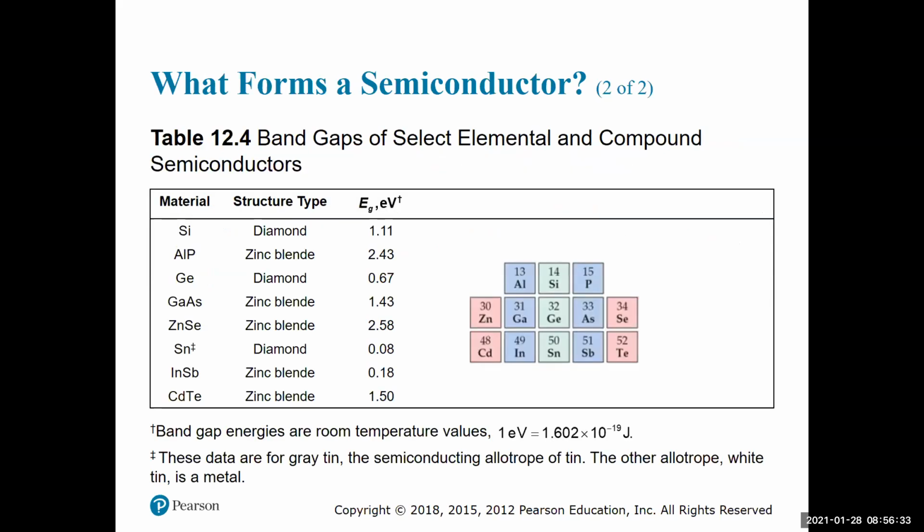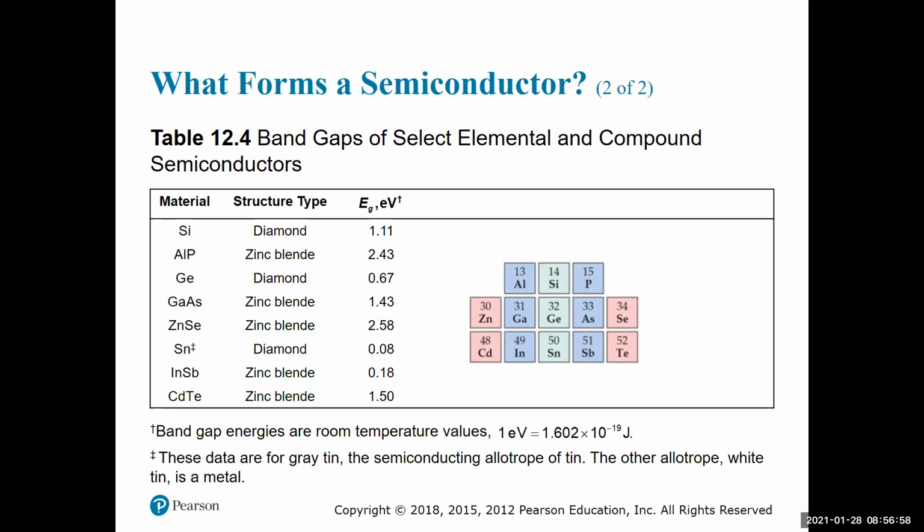And so here is some information about semiconductors. We see the material on the left. These semiconductors usually are blends where they have a couple of different atoms involved. And we'll see in a little bit some slides that talk about why that is.